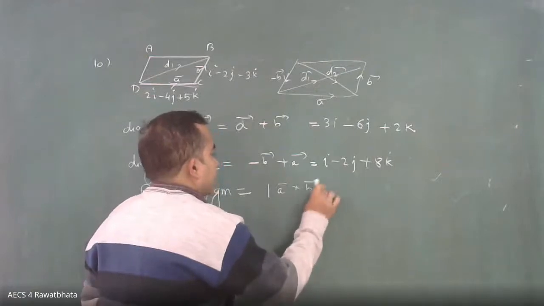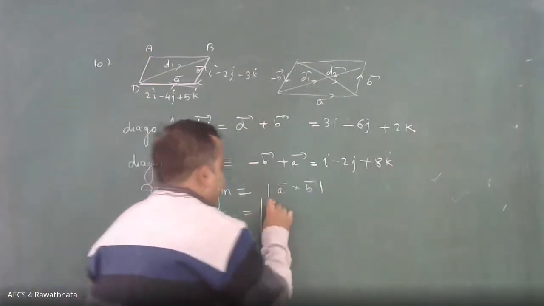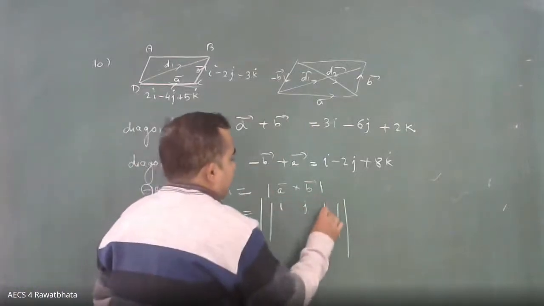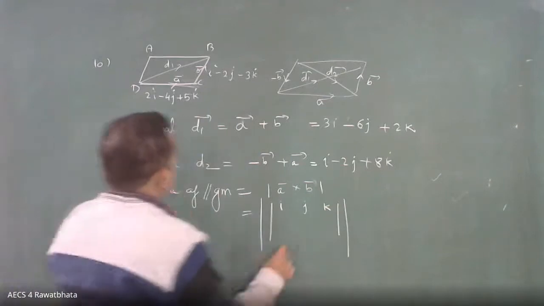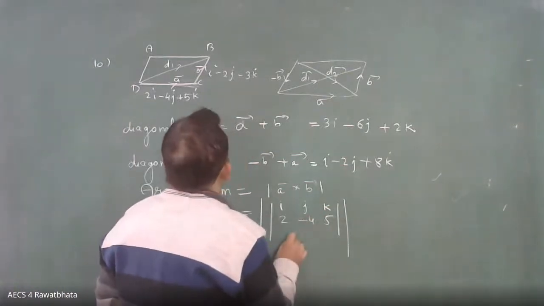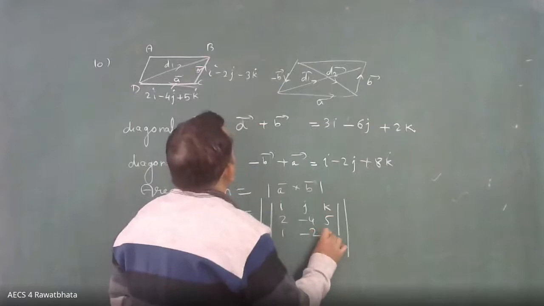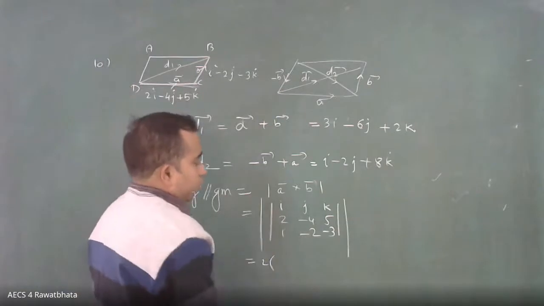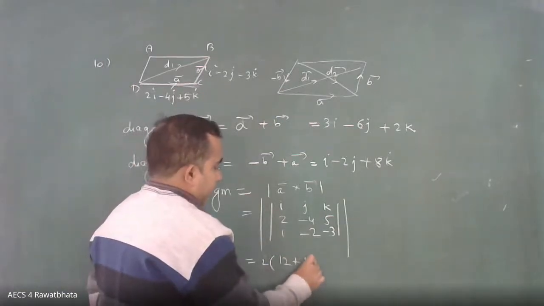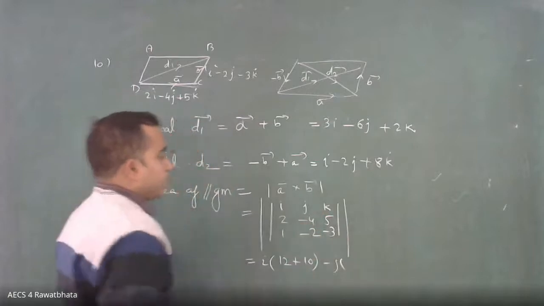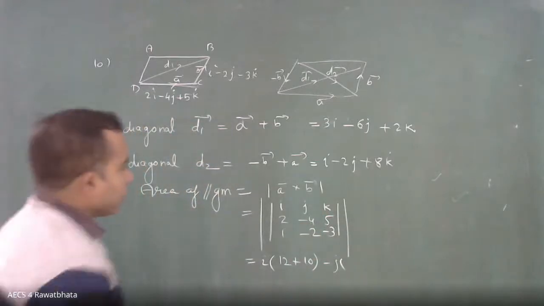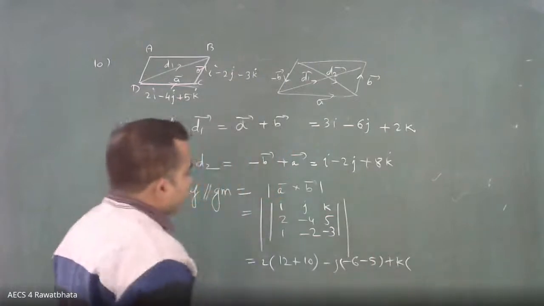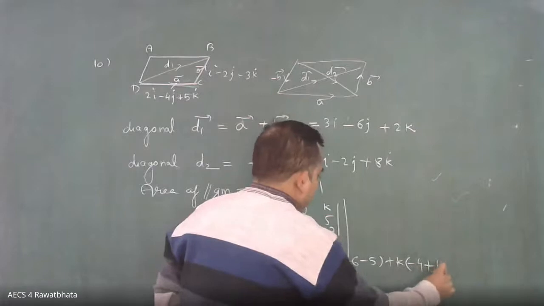So let us find A cross B, and then its magnitude. A cross B will be given by determinant expansion of I J K, 2 minus 4 5, 1 minus 2 minus 3. So this is going to be how much? 12 plus 10, minus J into how much? Minus 6 minus 5, plus K into minus 4 plus 4.